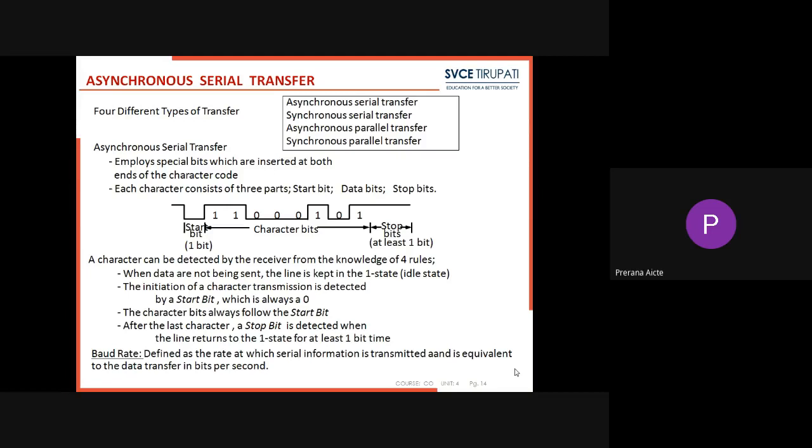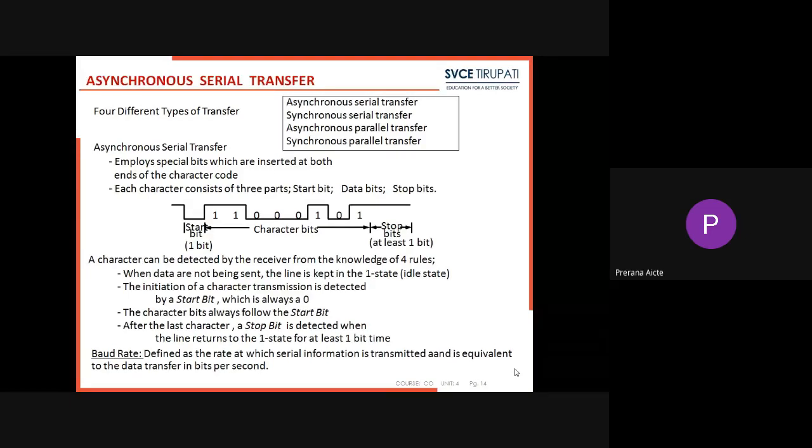In the first rule, when a character is not being sent, the line is kept in the 1 state. The second rule, the initiation of a character transmission is detected from the start bit, which is always 0. The third rule, the character bits always follow the start bit.